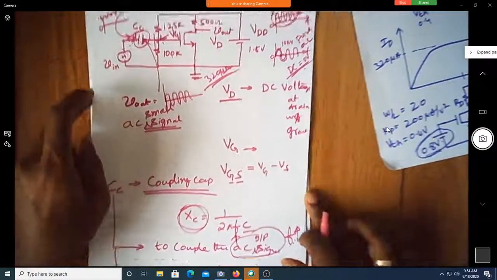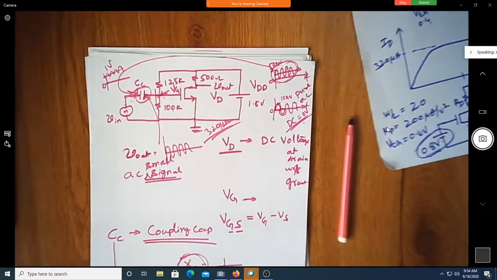What is the role of coupling capacitor now? Two roles. It couples the AC voltage signal from input to the amplifier and it blocks the DC voltage of the signal, if at all it is there.